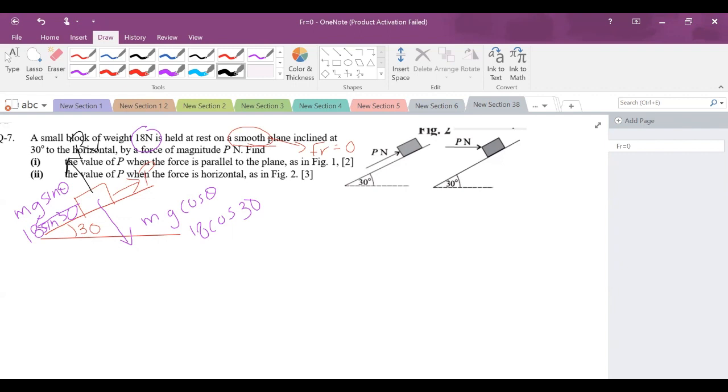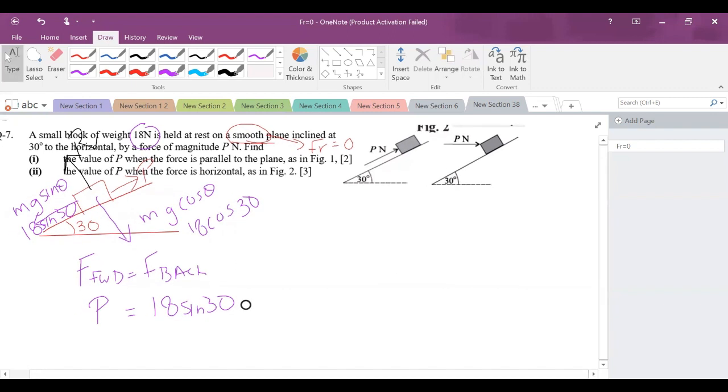In the first case, forward force is equal to backward force since the object is held at rest. F forward equals F backward. There's no acceleration, so the MA part is 0. Forward force is P, and the backward force is going to be 18 sin 30, which comes out to be 9.